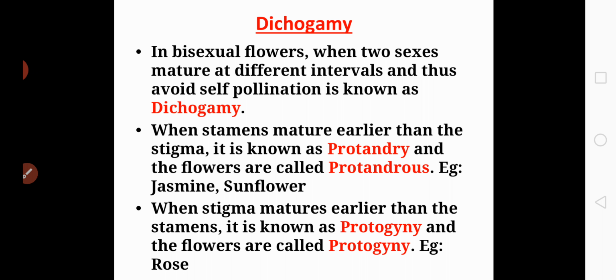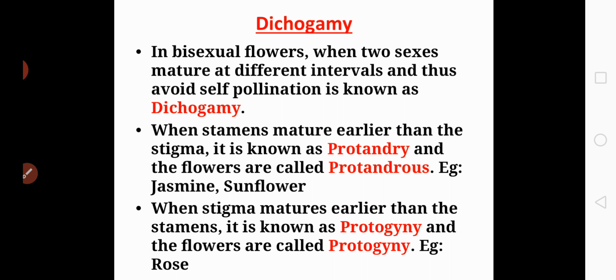When the stamens and the carpels mature at the same time, the condition is called homogamy. But in dichogamy, these two sex organs mature at different times, so that self-pollination is not possible.